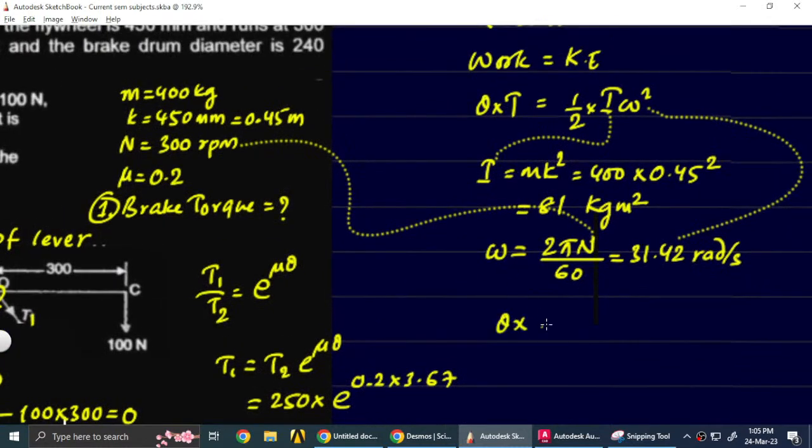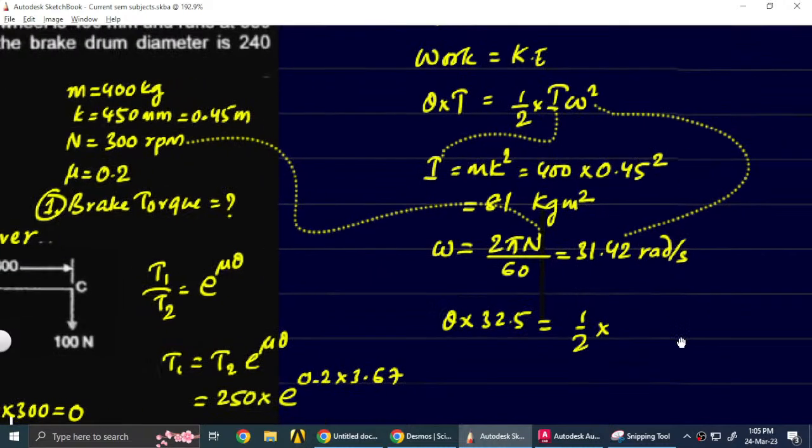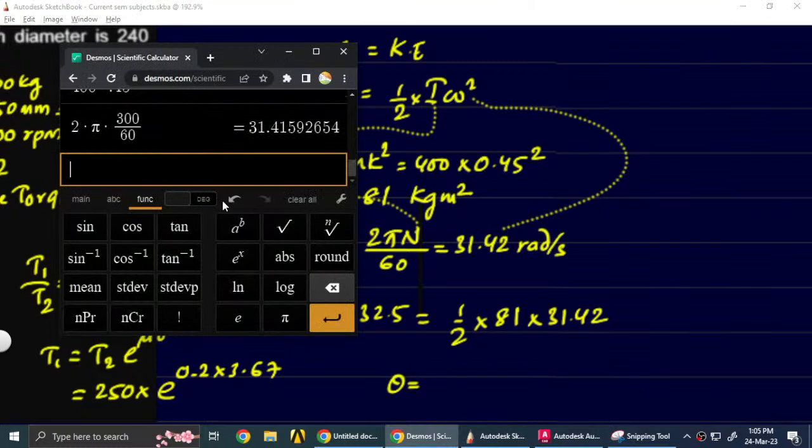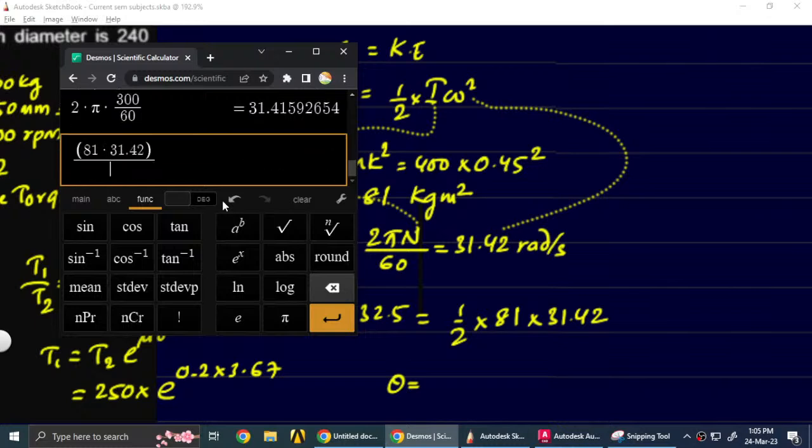So theta into 32.5 will be equal to half of 81 times 31.42. So that gives us the value of theta. So for theta, you have to take 81 into 31.42 divided by 2 and 32.5. So that's giving us 39.15.